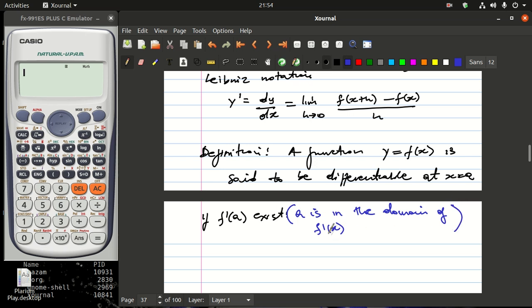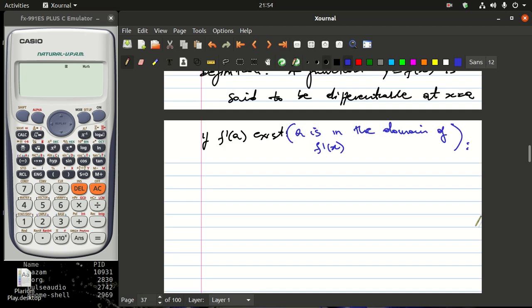So you need to have this function, find the domain, and if a is part of the domain, then it's fine. Or you need to find f prime of x and then plug in a. If you are getting a value, then f is differentiable at that particular point.